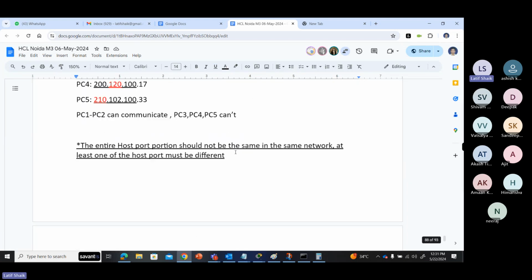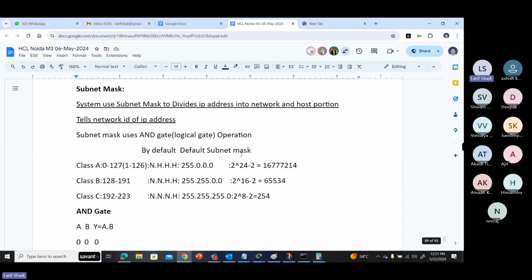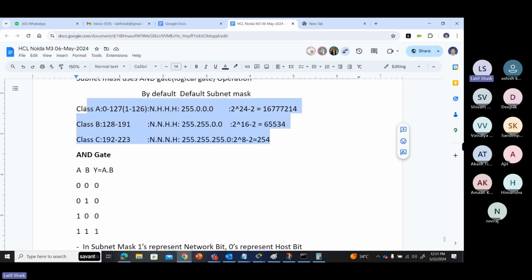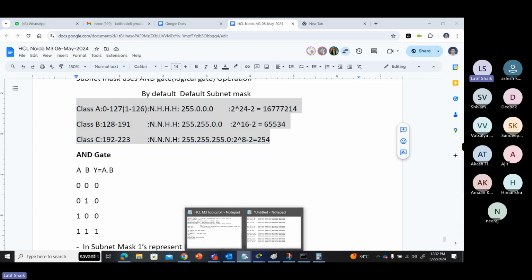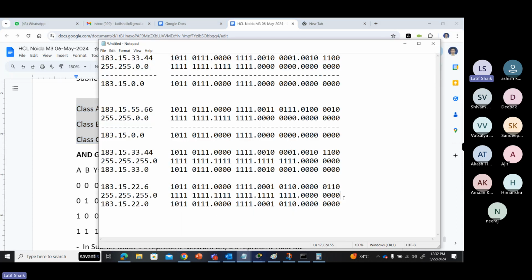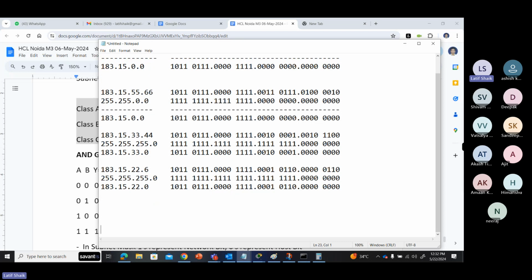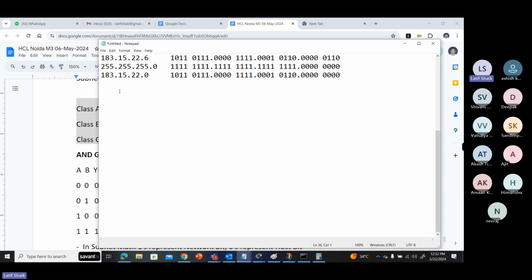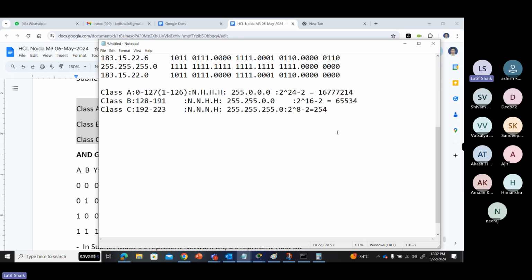Then we have to go back to this part. Guys, private IP addresses you can use anywhere, no problem at all, generally. But with public IP addresses, there is a limited size.